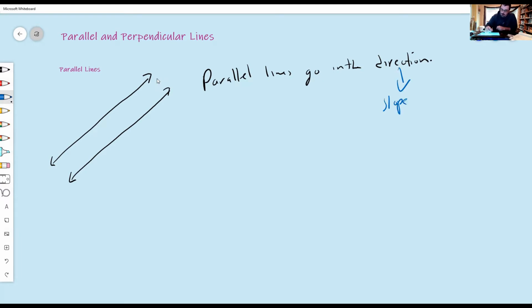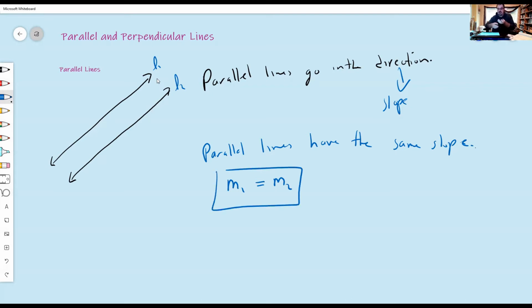So parallel lines have the same slope. That means this is line 1, this is line 2. Slope for line 1, which is M1, should equal slope line 2, which is M2. So they're going in exactly the same direction.